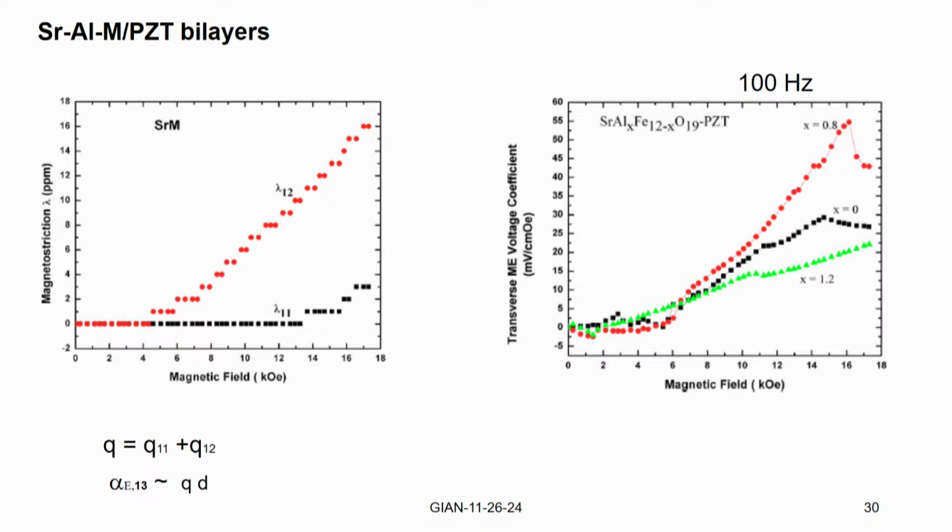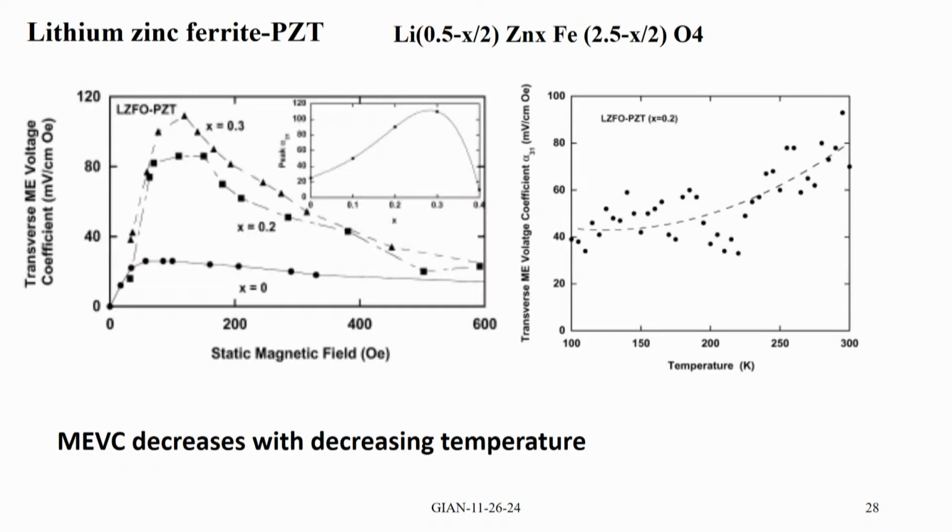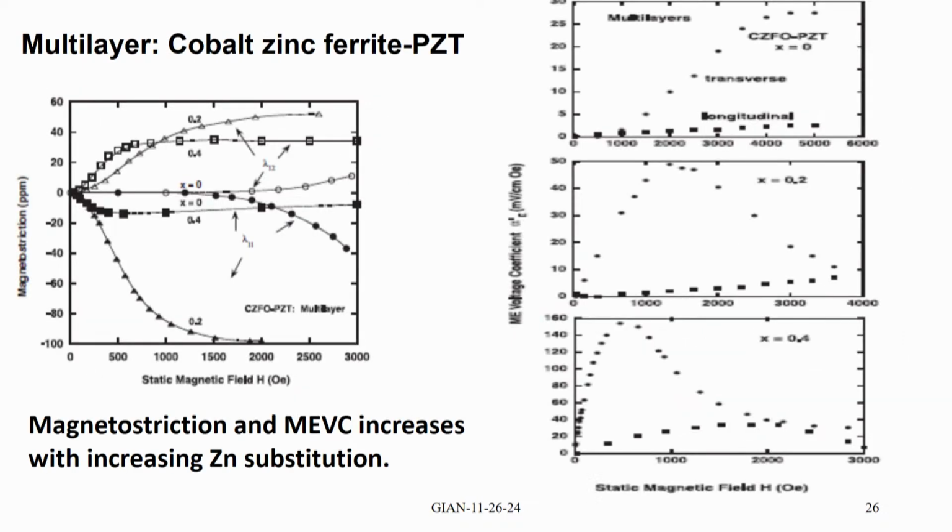This is one magnetostriction, and this one. So these are the values for the magnetostriction for cobalt zinc ferrite with different zinc amounts, and the very bottom one is pure cobalt ferrite. These are lambda 11 and lambda 12. For pure cobalt ferrite, it has very high anisotropy and very low magnetostriction.